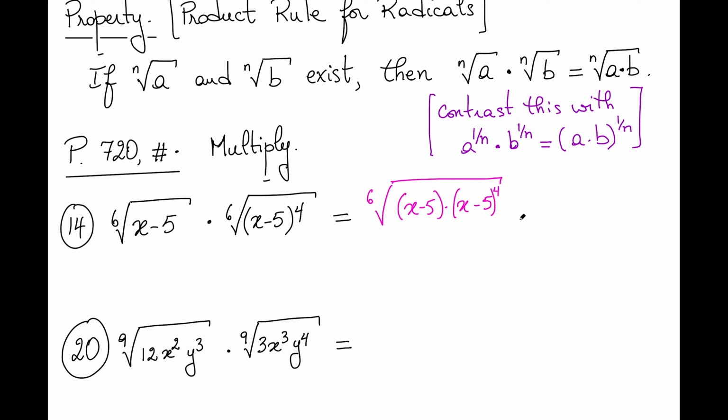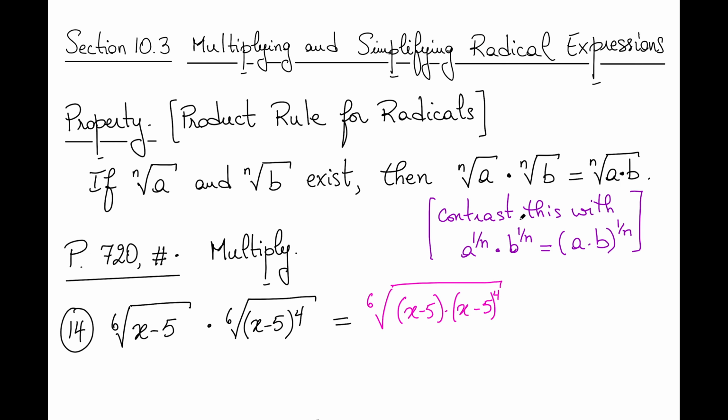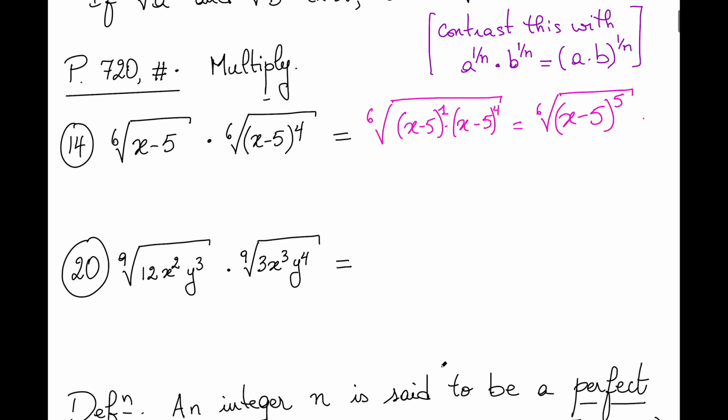So we get this, and this is simply the sixth root of x minus 5 to power 5, right? Because here supposedly this is a 1. So we're multiplying two exponential expressions with the same base. We keep the base, which is x minus 5, and we add the powers, and 1 plus 4 is 5. Okay.